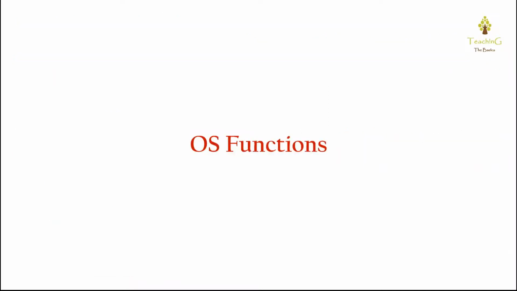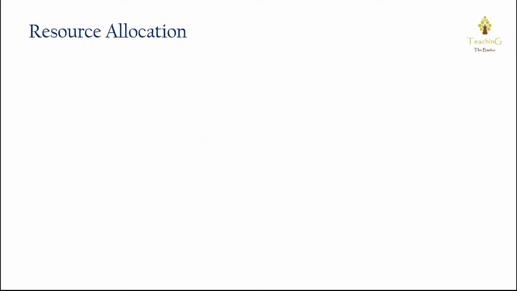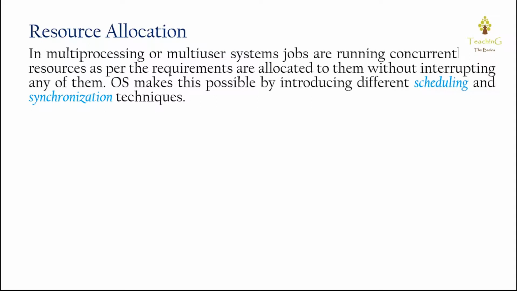So the next part is operating system functions. The first point is resource allocation. So let's see what it is. In multiprocessing or multi-user systems, jobs are running concurrently, and resources as per their requirements are allocated to them without interrupting any of the processes, or without making the user aware of what is going on inside the system.